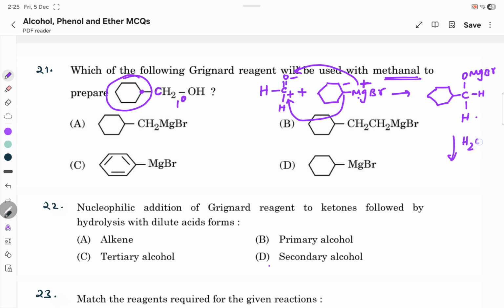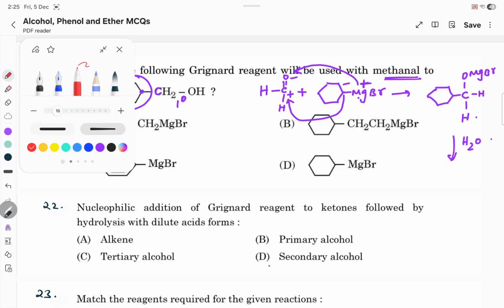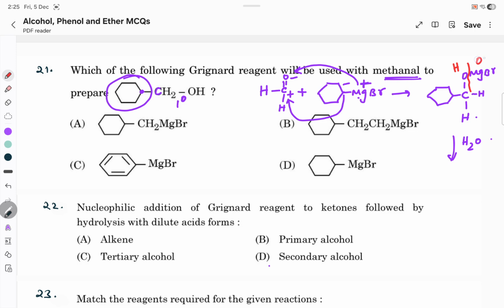On further hydrolysis, if I break the bond between this H and OH, I'll be getting this compound which is given in the question. So option D is the correct answer.